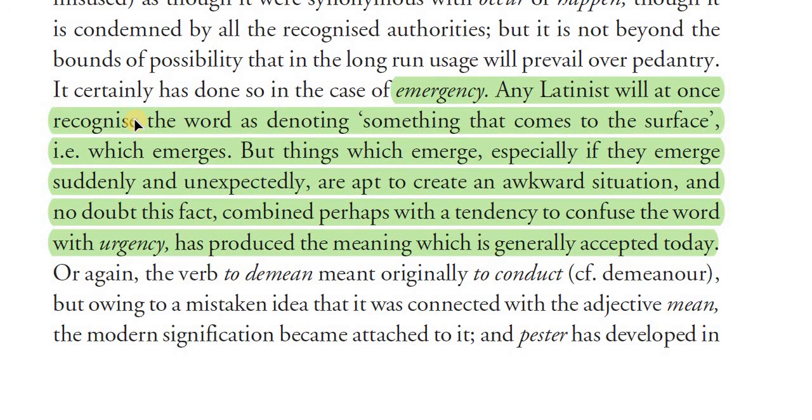Now it so happens that something that emerges to the surface suddenly or unexpectedly might create an awkward situation, might confuse us. And on top of that, there is another word which is urgency. And what is the meaning of the word urgency?